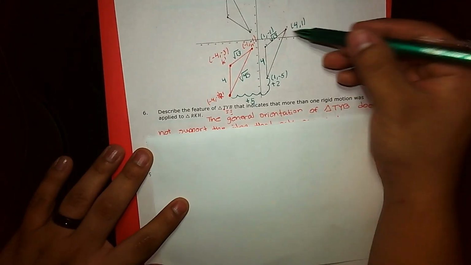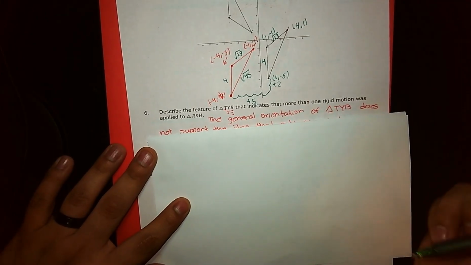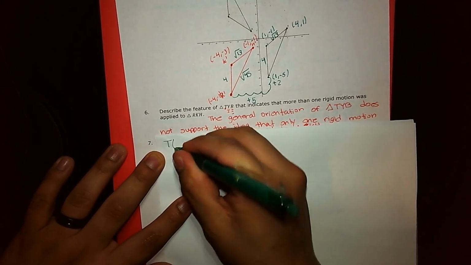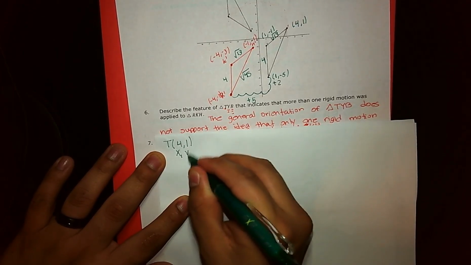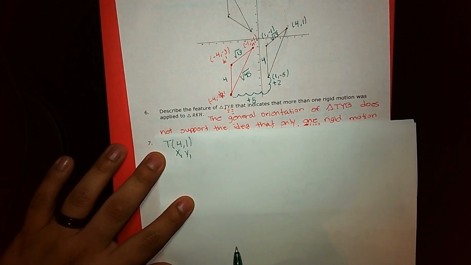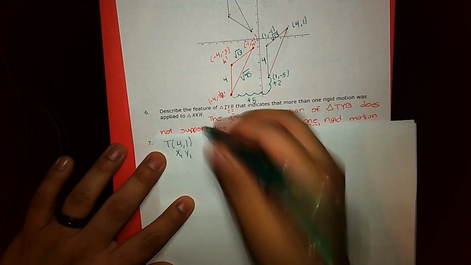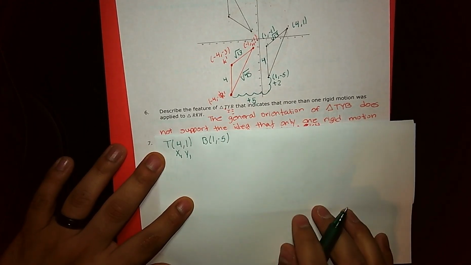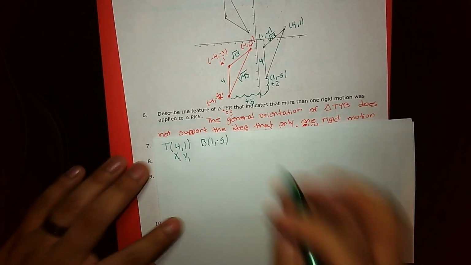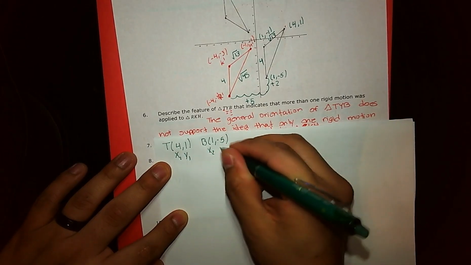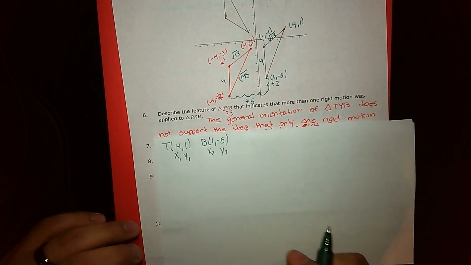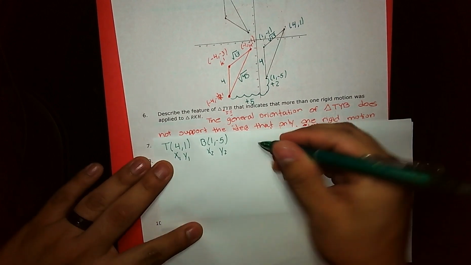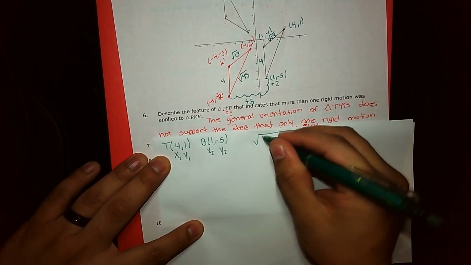Now we're just going to do from T to B. We know T is at 4, 1, and that's going to act as my x1, y1. We know B is at 1, negative 5, and that'll act as my x2, y2. I'm just drawing this for reference again, just so you see what I'm doing.